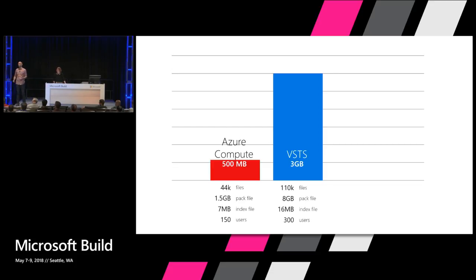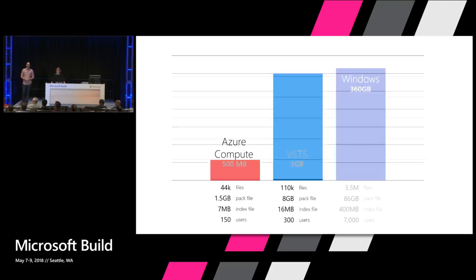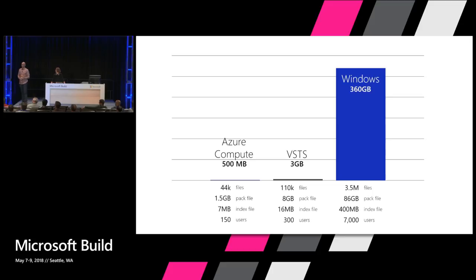But this isn't a big repository by Microsoft standards. Within Microsoft, there's one really big repository, and that's the primary Windows repository, which is about 350 gigabytes. So it turns out that although Git was made to handle large repositories from day one, it wasn't made to handle this repository from day one.